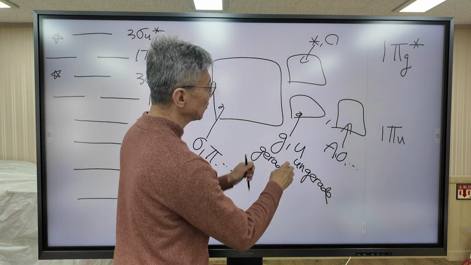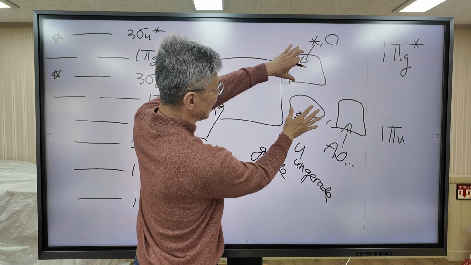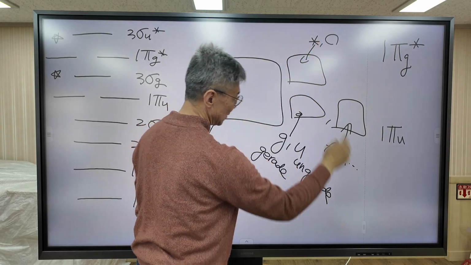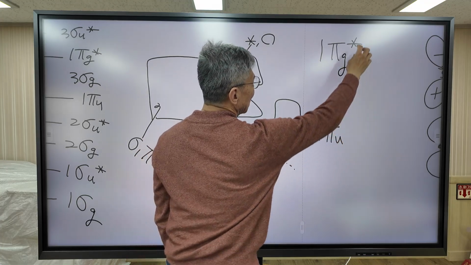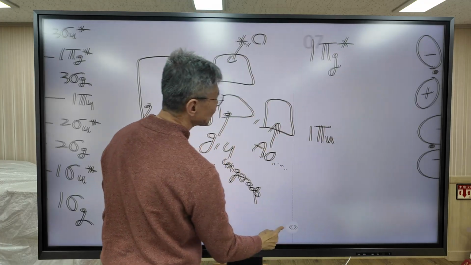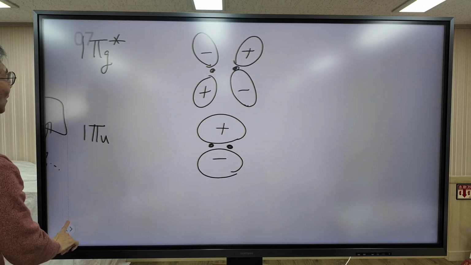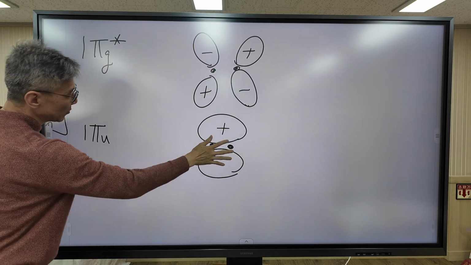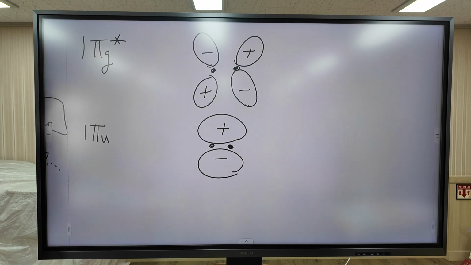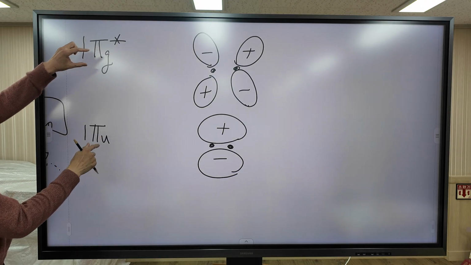So first I'm going to take a look at this part: gerade, ungerade, and asterisk or no mark. Now first, this orbital is a gerade orbital. This orbital is an ungerade orbital. Now, what's the difference between gerade and ungerade?